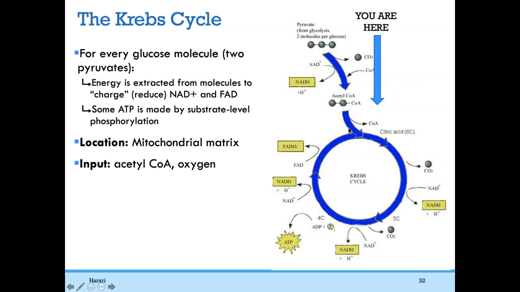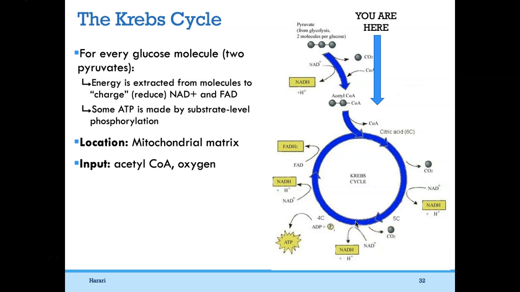We build a 6-carbon molecule that will then feed into this cycle. CO2 will be released, right? We're breaking it down. And as we're breaking down citric acid, we're going to store that energy into energy-carrying molecules like NADH and FADH2.